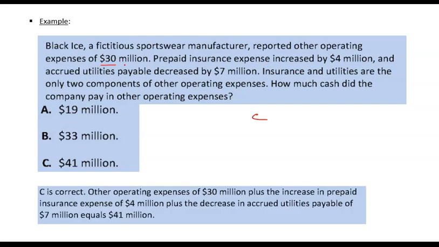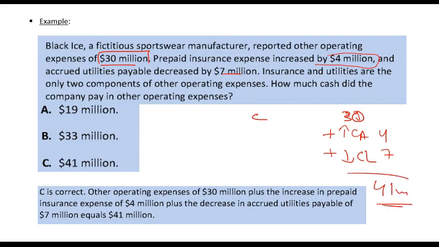You take the reported expense from the income statement. Prepaid insurance expense increased by 4 million, so you add the increase in current assets, that is 4 million. Accrued liabilities payable decreased by 7 million, so you subtract the increase in liabilities, or you add the decrease in liabilities, that is 7 million. So this should be 41 million.